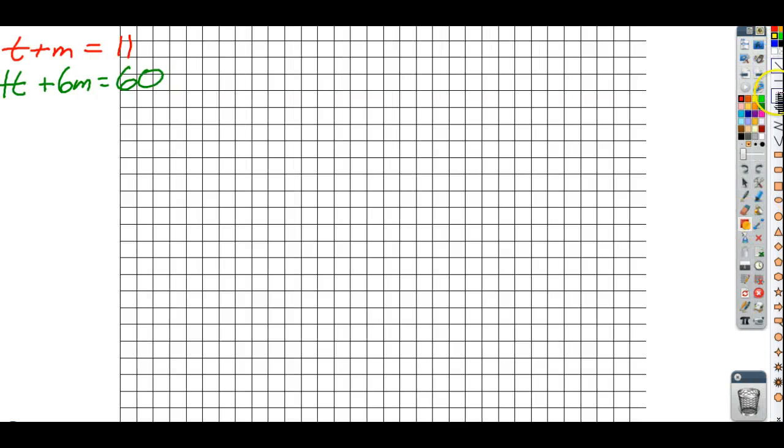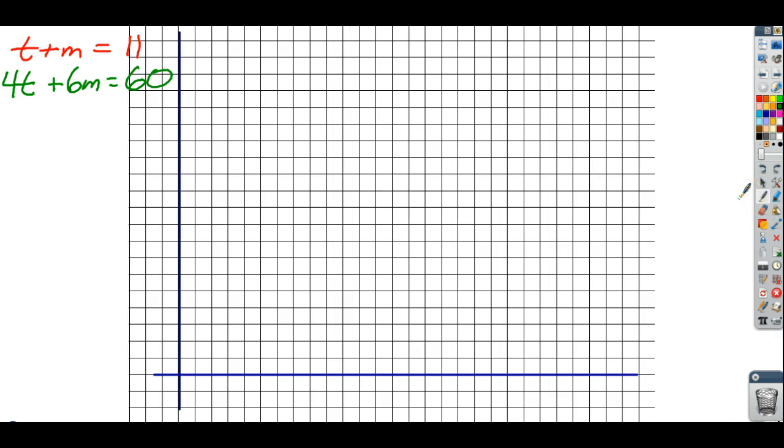So now what I'm going to do is draw my x and y axes. Okay, and so there's y, and then here is x. Okay, and before I decide what each line represents, let's first label.